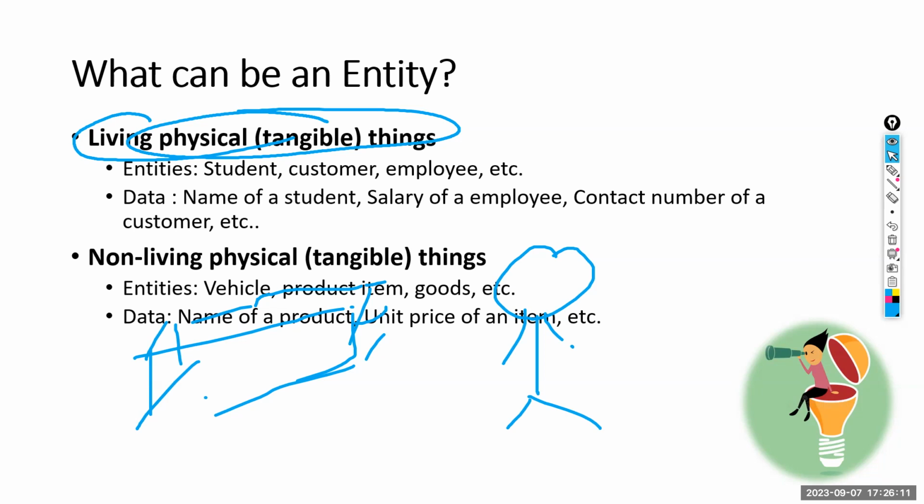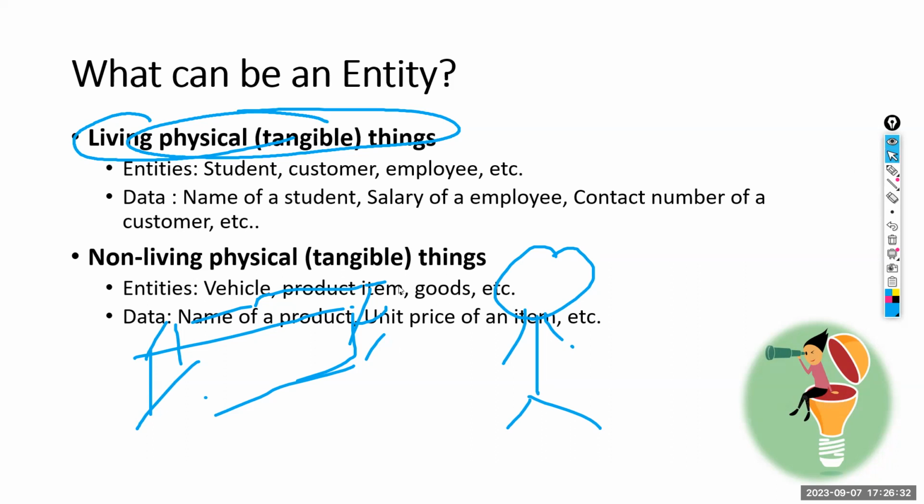Those are data. The vehicle is an entity, but it is not a living physical thing. It's a non-living physical thing. So non-living physical things can also be entities, not data, entities. But data is always conceptual. The third one is interesting.